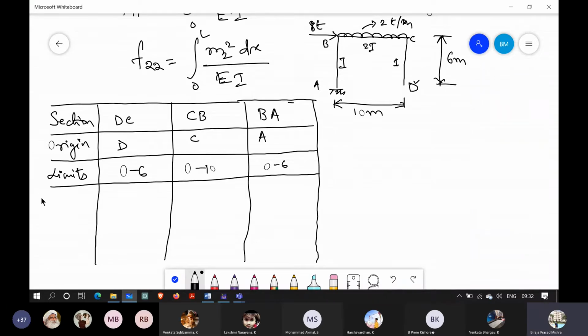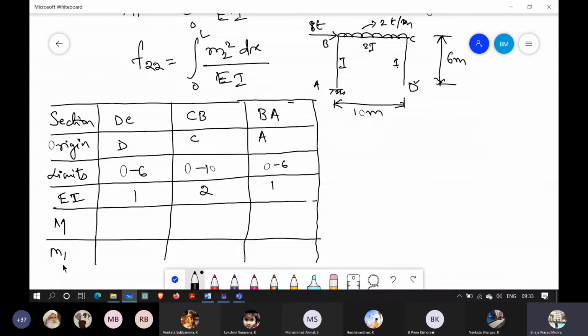Next one is EI. The EI value here is 1, here it is 2, and here it is 1. Next one is M.